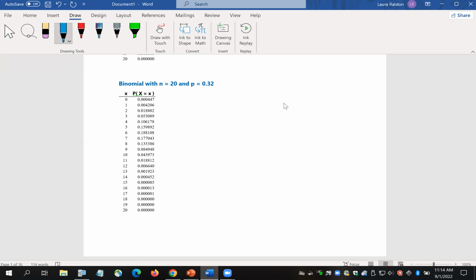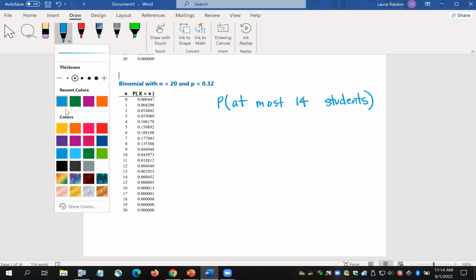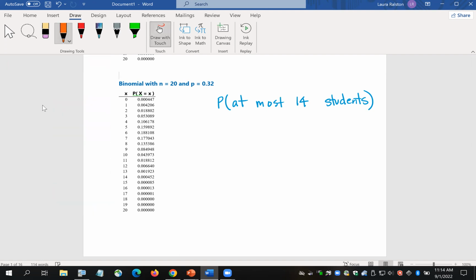So the probability for the second question is the probability of at most 14 students. Now, you could probably logically, if you think about what that phrase at most means, you may be able to kind of figure it out.